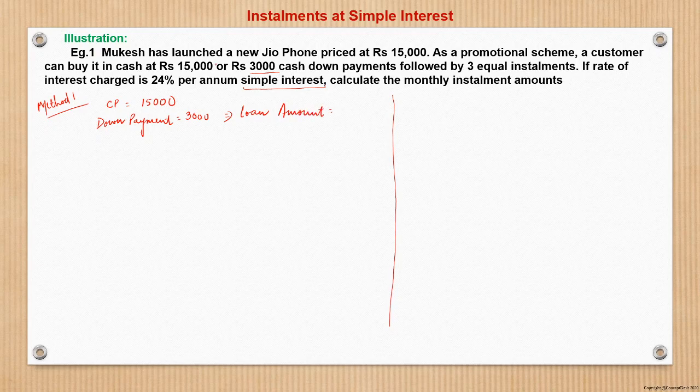Loan amount is nothing but 15,000 minus 3,000, which is 12,000, right? Loan amount is 12,000. So for our purpose of calculation of the installment, the principal is 12,000 rupees. Now let us see what happens.